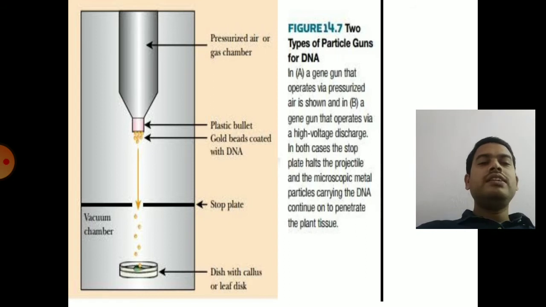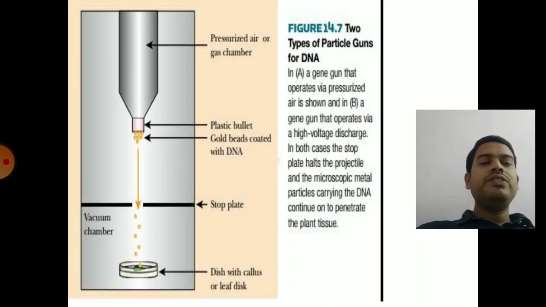You can clearly see in the picture a disc containing the callus is placed here, and a gene gun under vacuum conditions, loaded with gold particles with DNA, is bombarded such that the gold particles containing the transgene will be introduced into the callus of the disc.